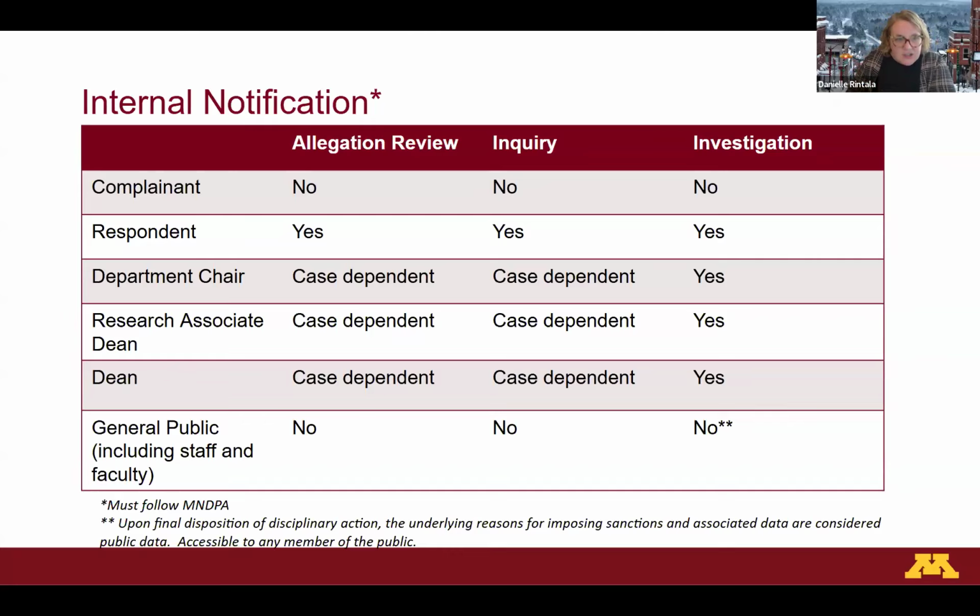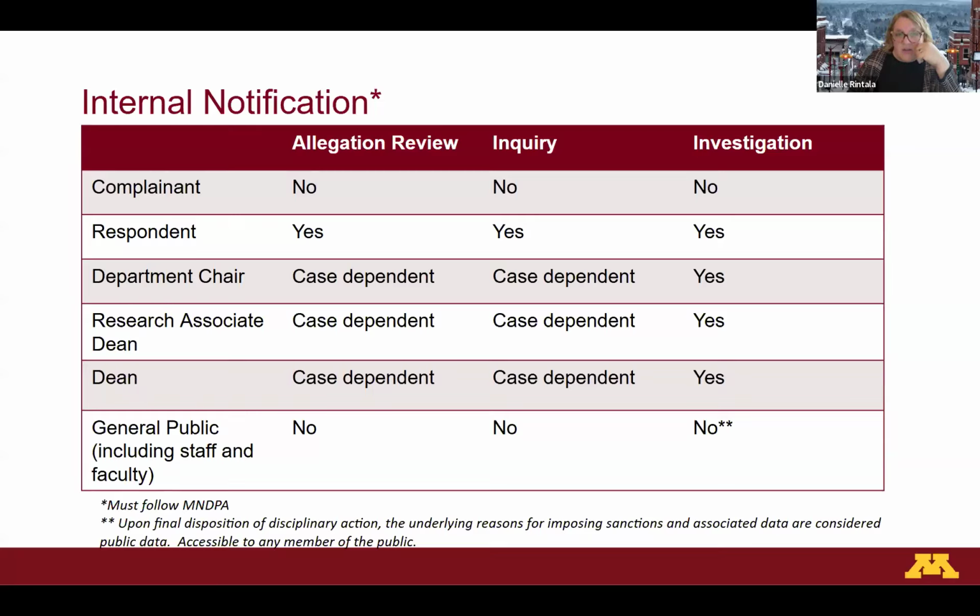During an allegation review, at no point does a complainant ever have the right per se to get the reports from us. That's not to say they couldn't try to get the data outside of our office, but we are not going to transmit reports to the complainant through the allegation, inquiry, or investigation. The respondent always has the right to see the reports.